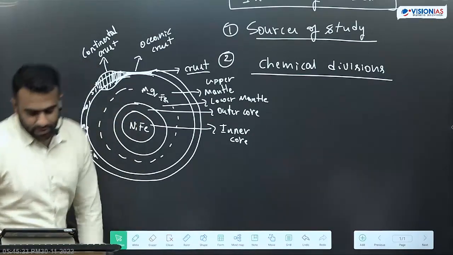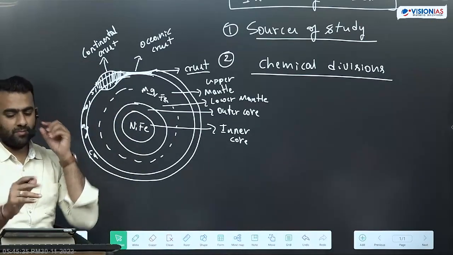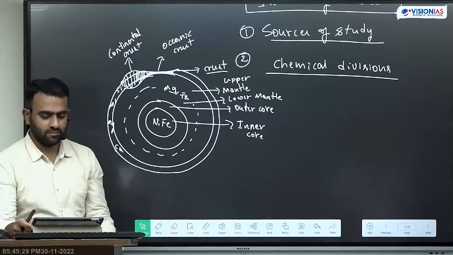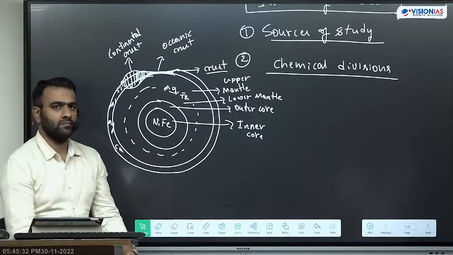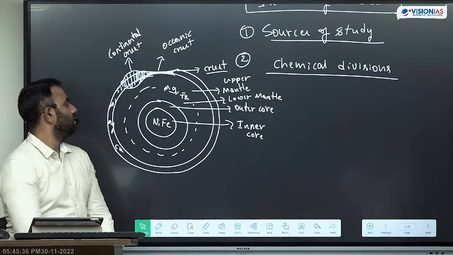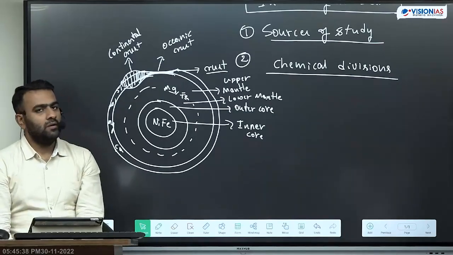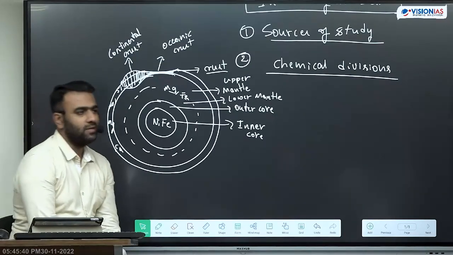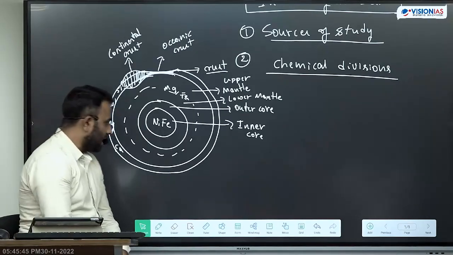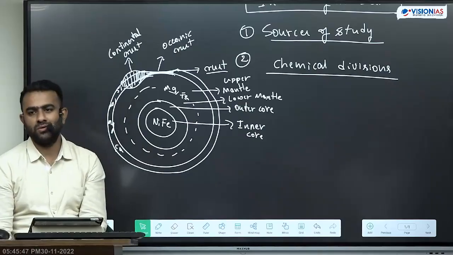So that was about crust. So next one, mantle. Mantle is like an intermediate zone, right? Even the type of minerals you find here are intermediate type.